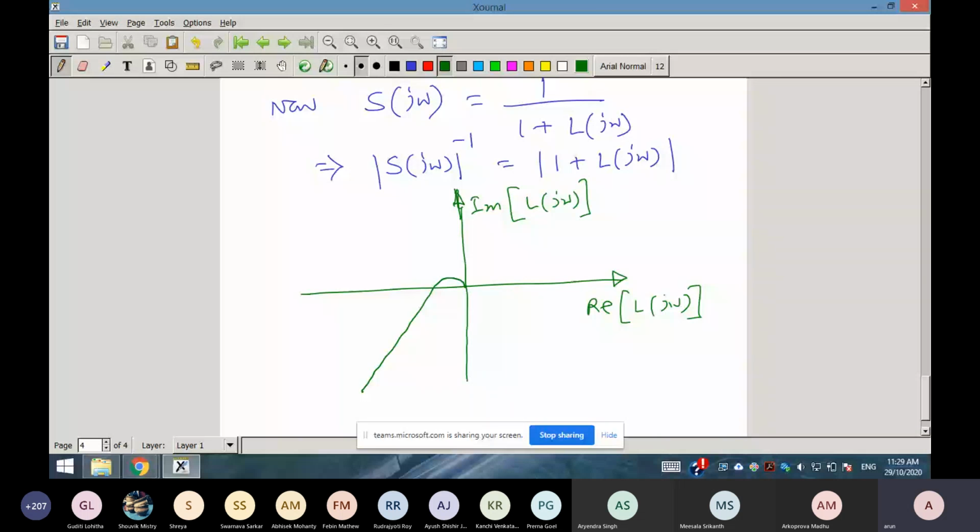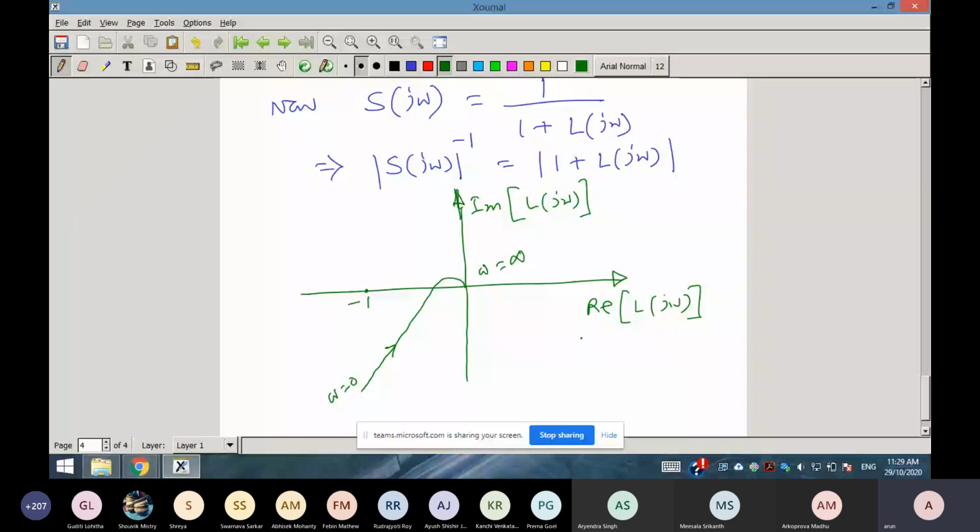So what is 1 plus L j omega? If you draw a typical Nyquist plot, from omega equal to 0 to omega equal to infinity, this is your -1 point.